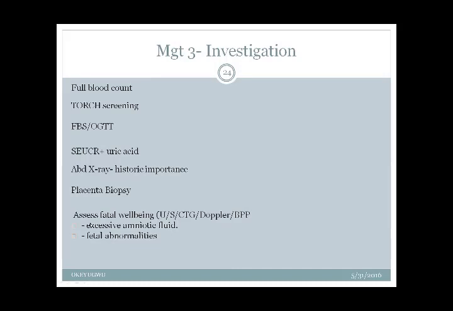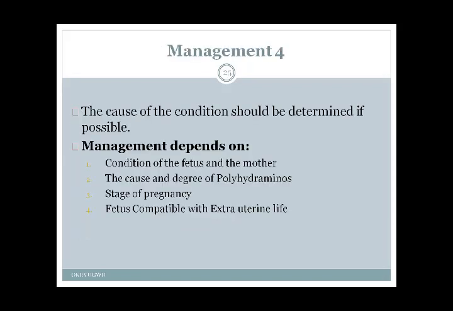Definitely our investigations are cause related as well. With the history, you will have found some features, and your investigations will be directed towards your history. So the cause of the condition should be determined if possible.